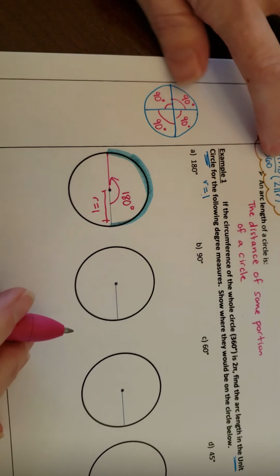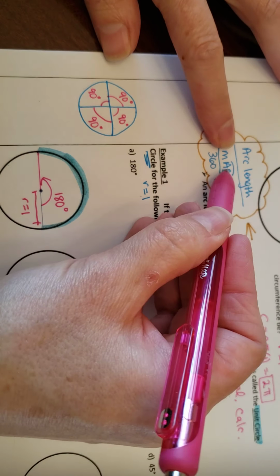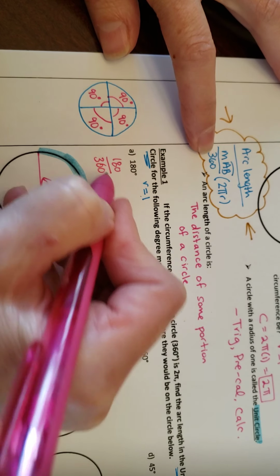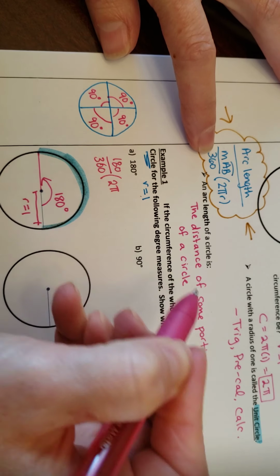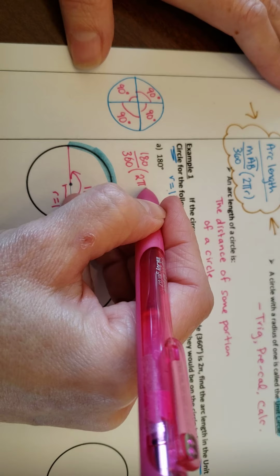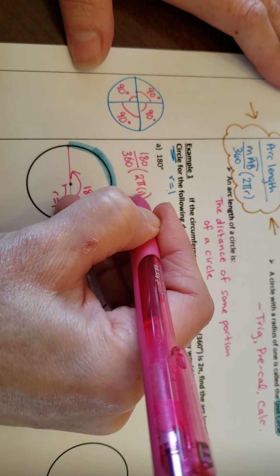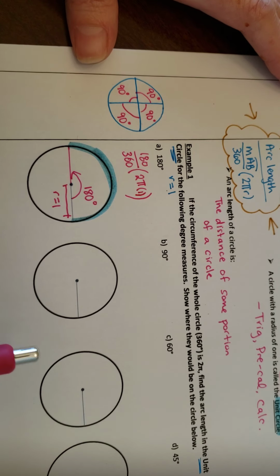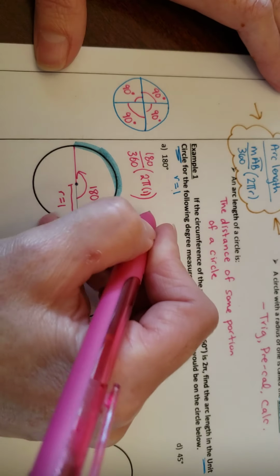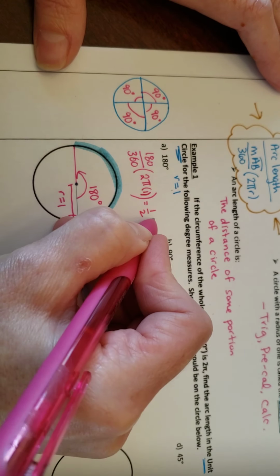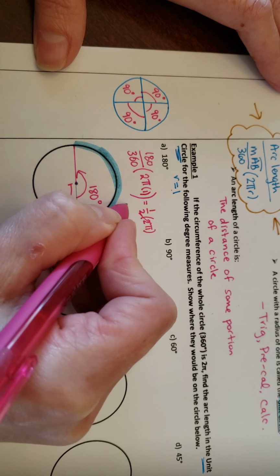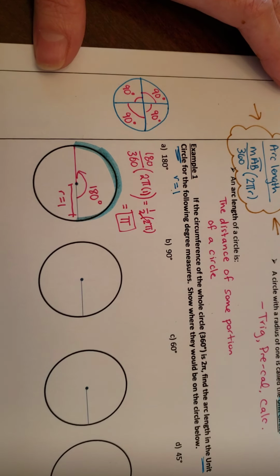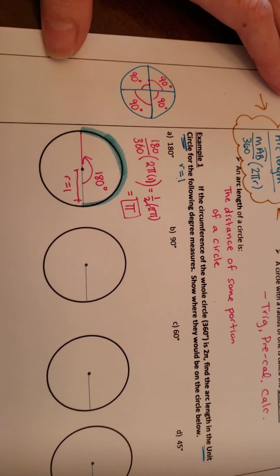So our formula is the measure of the arc, so 180 over 360 times 2 pi, and our r is going to be 1 for all of these, so you can write it in. I'm going to drop it in a little while just because it's not needed. So all 4 of these will have the same r value, and then you'll just work that out. So this will give you 1/2 when you compute that times 2 pi. Your 2's will cancel, and you're left with pi. So the arc length of 180 degrees is equal to pi. Then we'll do that for the rest of these.